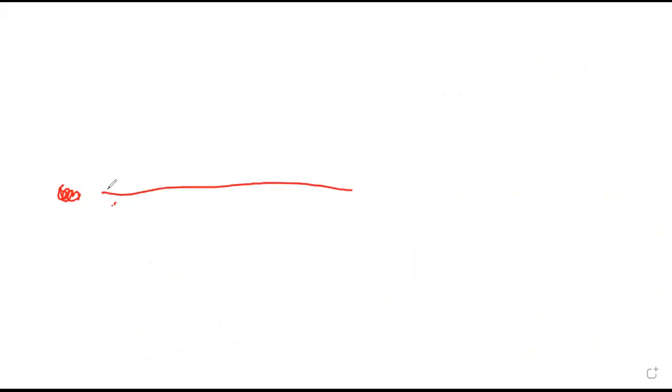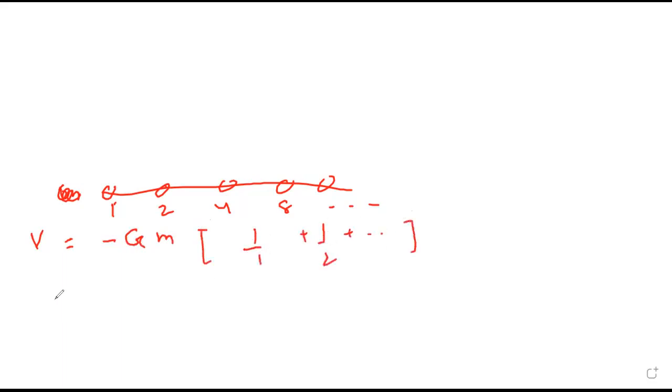Again, if there are n equal masses situated at distances 1, 2, 4, 8 dot dot dot, then net gravitational potential is minus Gm upon 1, 1 by 2 dot dot dot. This was asked in 2013. Therefore, unit mass is situated at 1, 2, 4 dot dot dot.